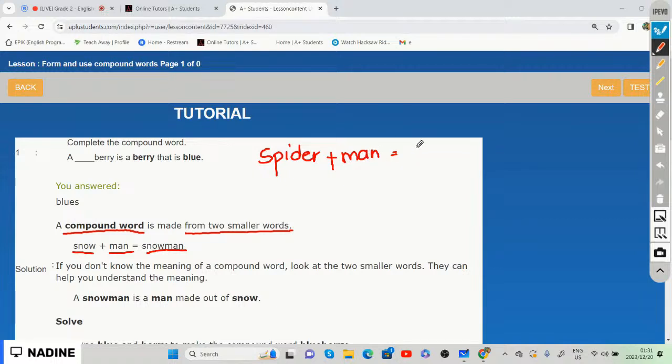Right? So spider plus man is Spider-Man. The same with super and man. We have Superman. Right? Can you even think of more compound words, where we have two smaller words that form a compound word?